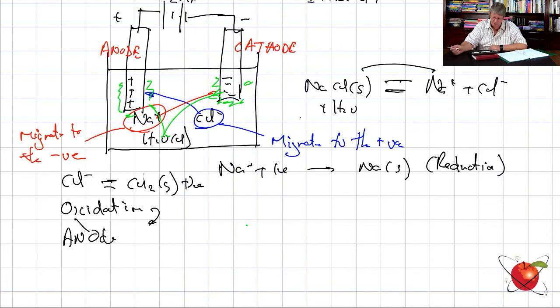Let me balance the chlorine, sorry, my bad: that's a 2Cl- and 2 electrons, and the sodium is balanced. So anything that we put in here is going to be affected by the electric current. My question to you is, do you think that we could get this forming at the anode over here?